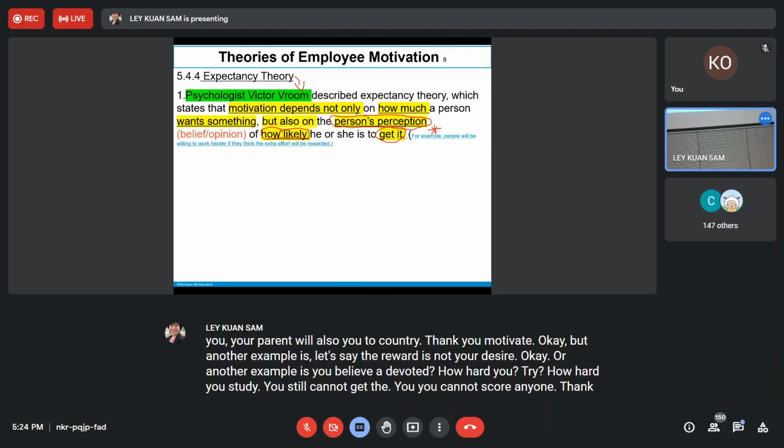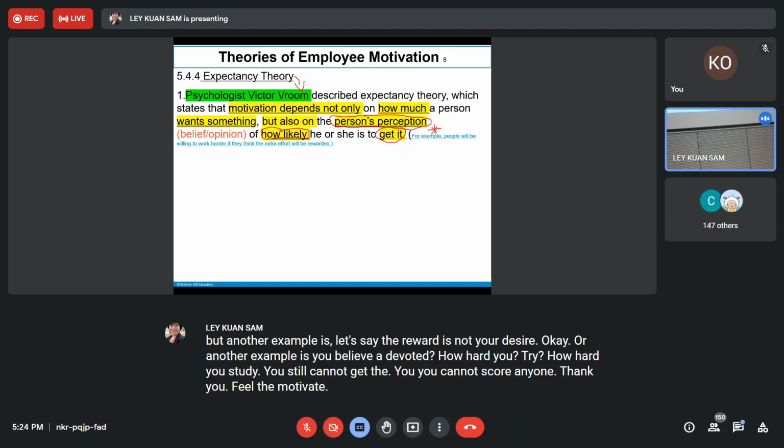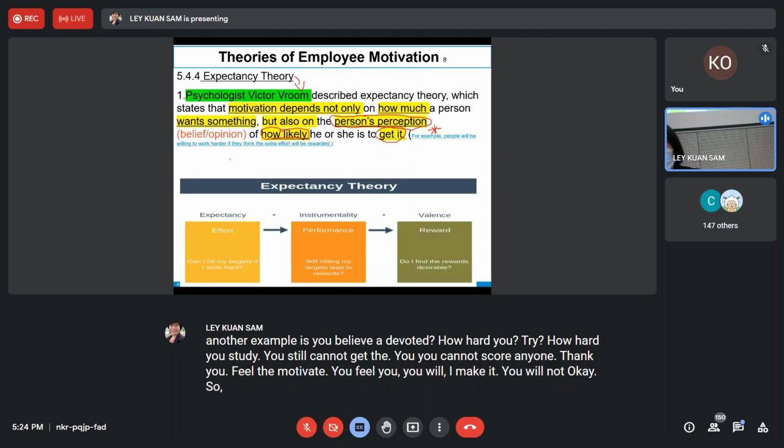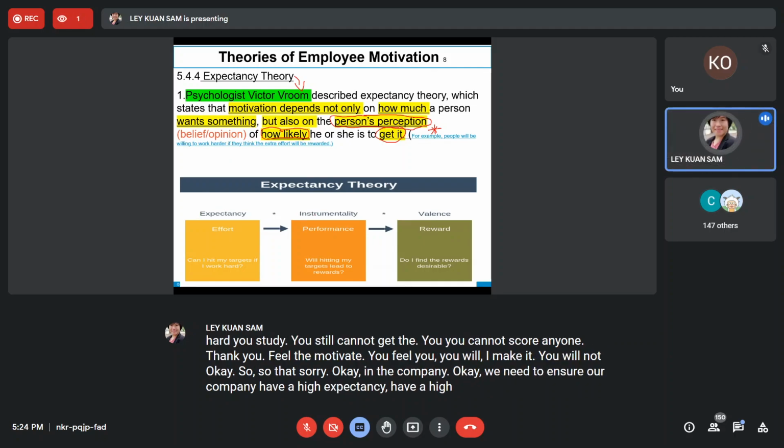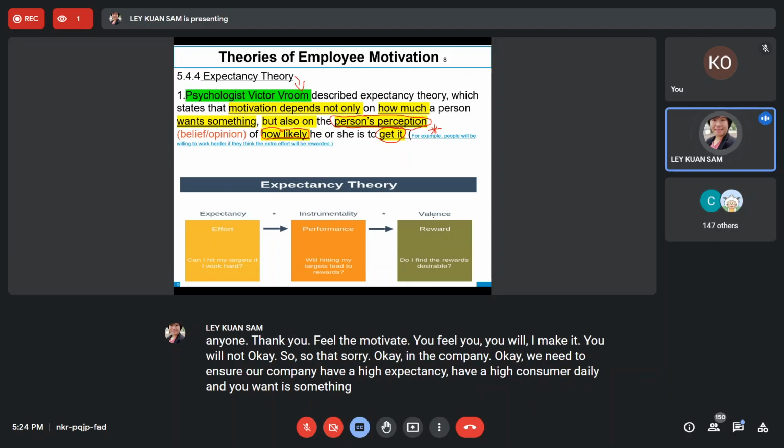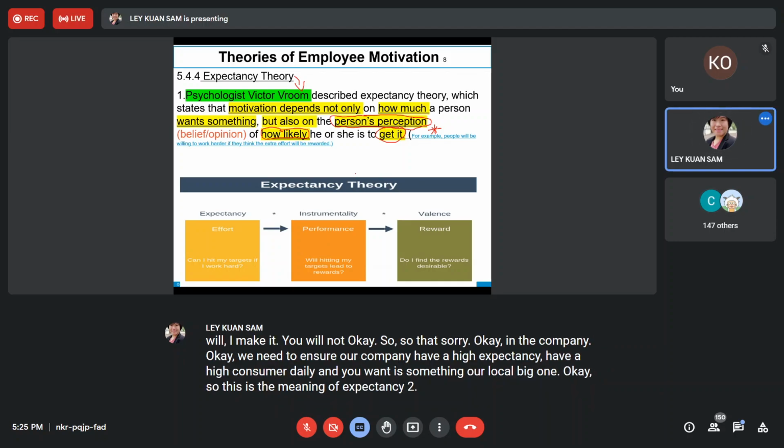Then you feel demotivated and you will not put in effort. So that's why in the company, we need to ensure high expectancy, high instrumentality, and that the reward is something our workers really want. So this is the meaning of expectancy theory.